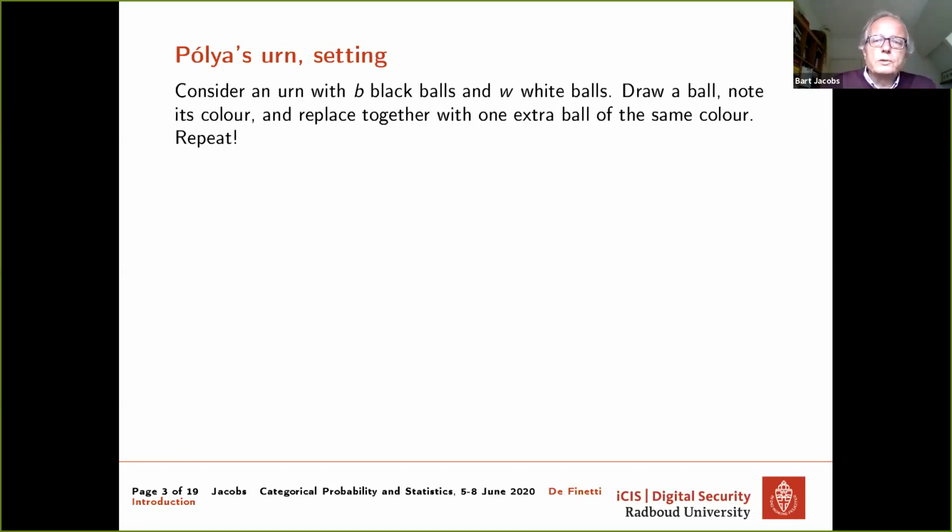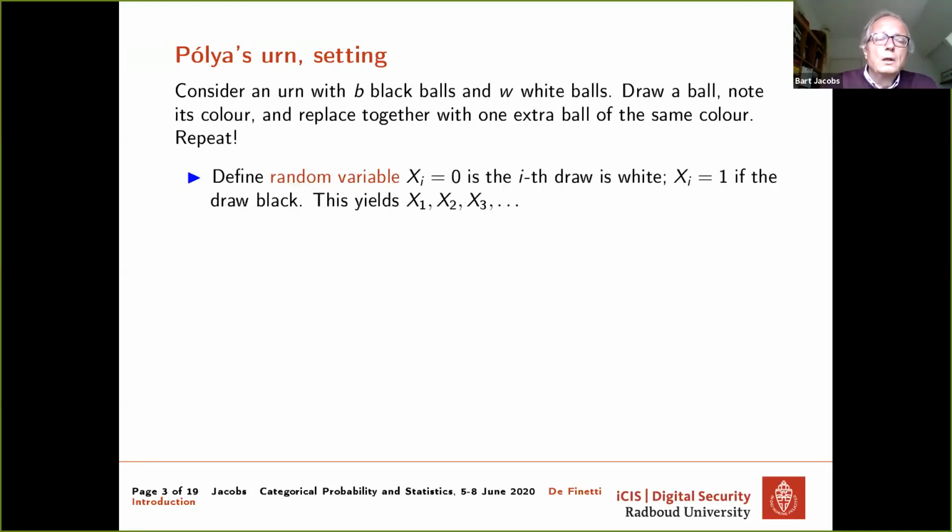And you do this multiple times. In a standard description of this urn, you get an infinite sequence of binary random variables, which are either 0 or 1: 0 if you draw a white one, and 1 if you draw a black one.